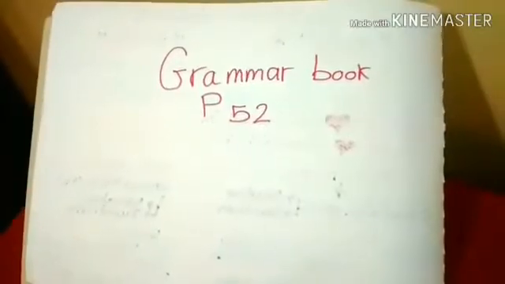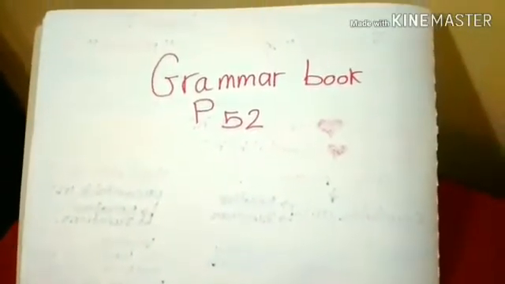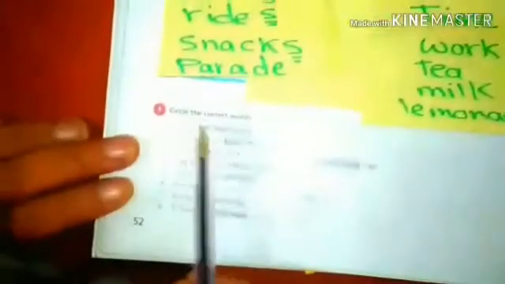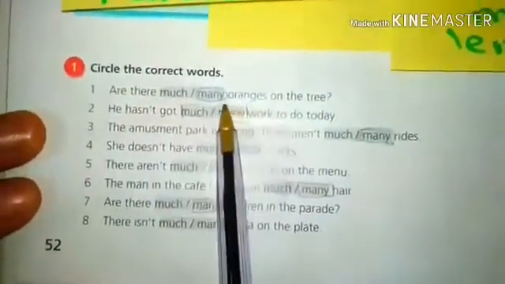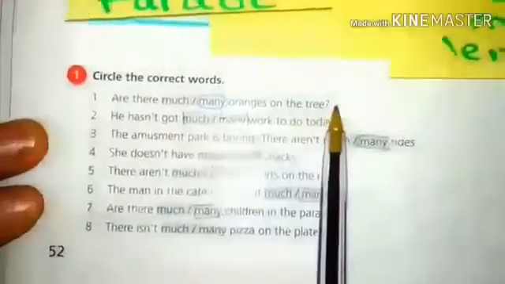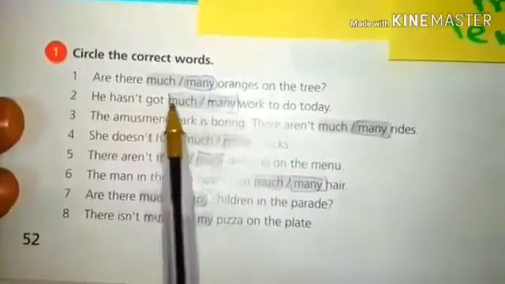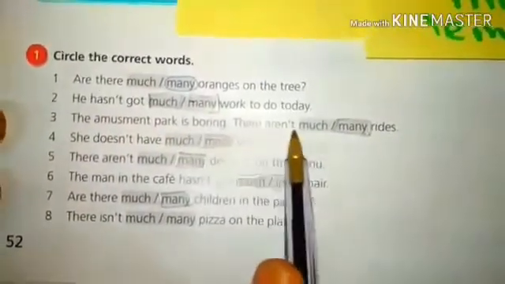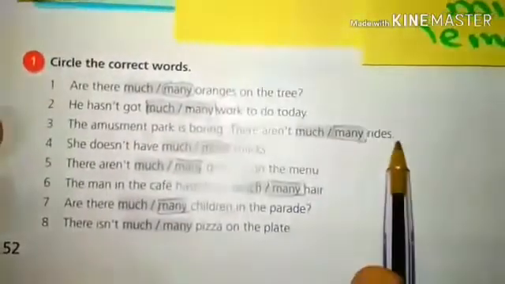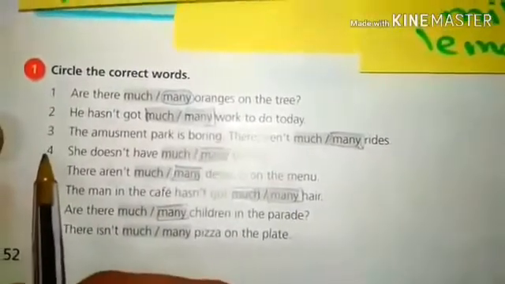Let's move to your grammar book, page 52. Exercise 1. Circle the correct words. Number 1. Are there much or many oranges on the tree? 2. He hasn't got much or many work to do today. 3. The amusement park is boring. There aren't much or many rides. 4.